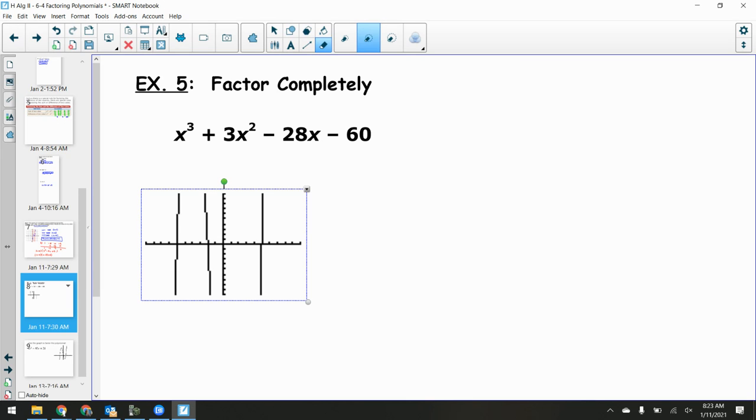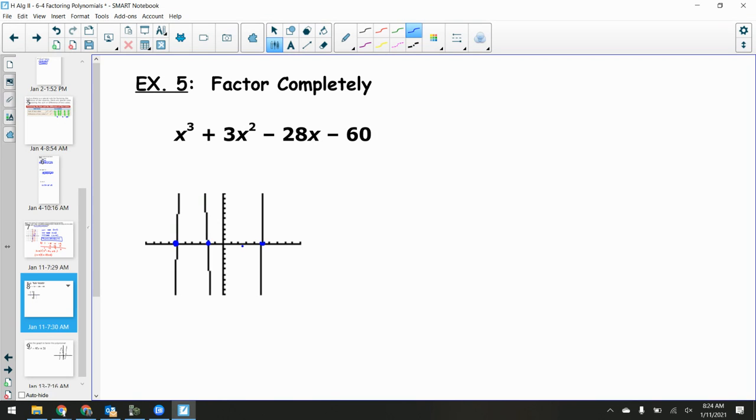I don't even need to see the shape of the graph. How many zeros do I see in this graph? Looks like 3: 1, 2, 3. Now, do I know where they are for sure? I can kind of guess at it. Where does this look like it's at? 1, 2, 3, 4, 5.